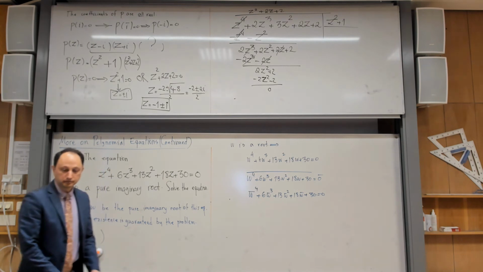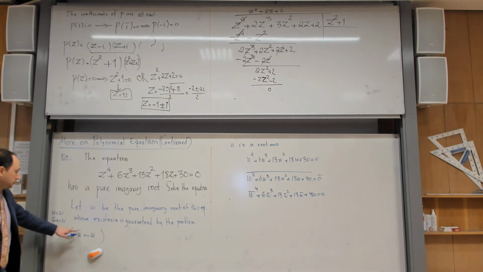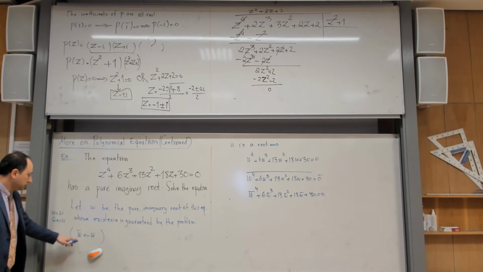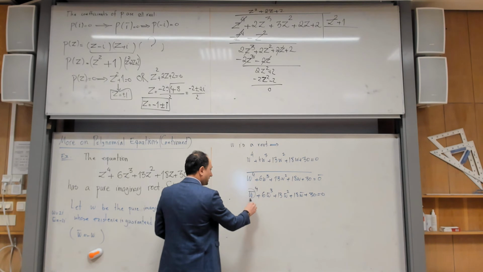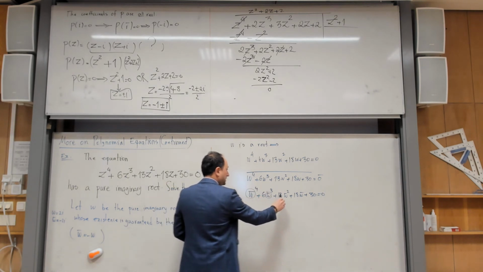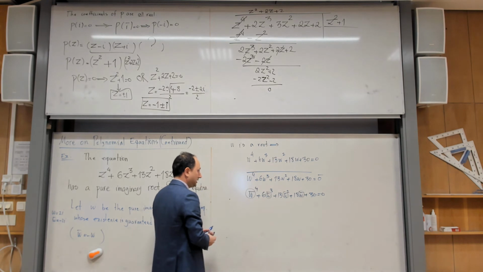But now, because W is pure imaginary, W bar and minus W are the same. So I can take everything that I see here and replace it with minus W. It might help, I don't know, I'm just thinking loudly as I told you.